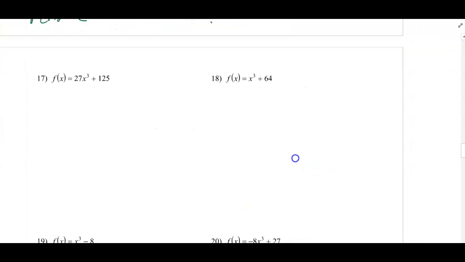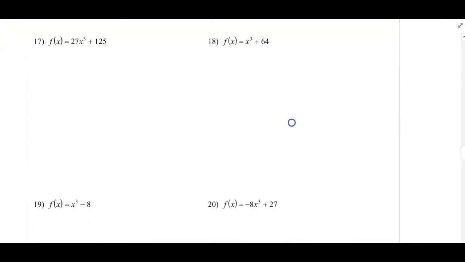Okay, number 17, 18, 19, and 20 are sum and difference of cubes. So if you forgot the cubic formulas, a cubed plus b cubed, you take the cube root of the first term, a, cube root of the second term, b. If this symbol is plus, this symbol is plus. Those are always the same.